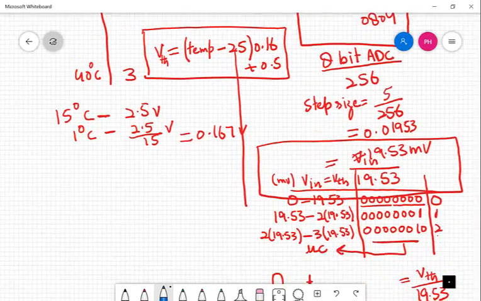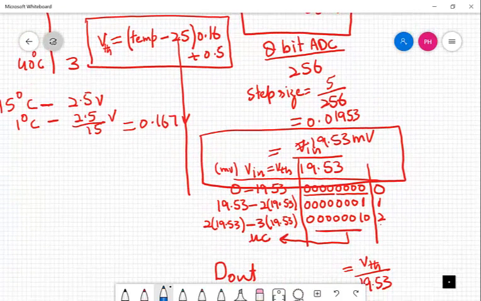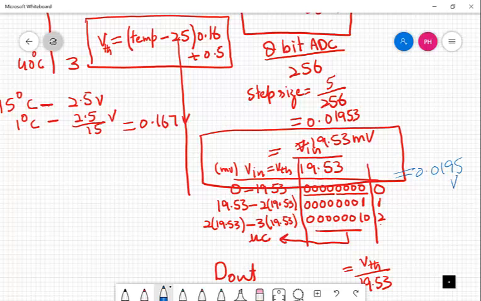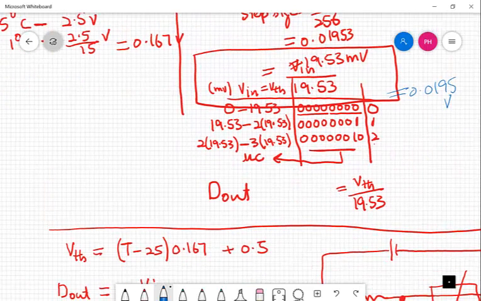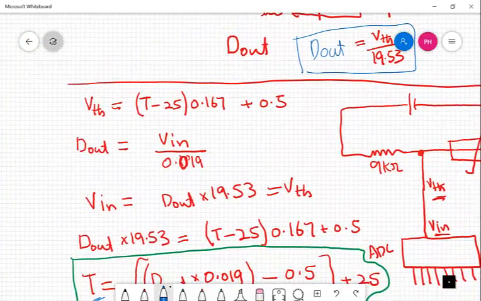And then since we have used ADC 0804 with 8-bit output, its step size will be 19.53 millivolts, that is 0.0195 volts. We also know that D out will be VTH divided by 19.53 millivolts. So we have a couple of equations.